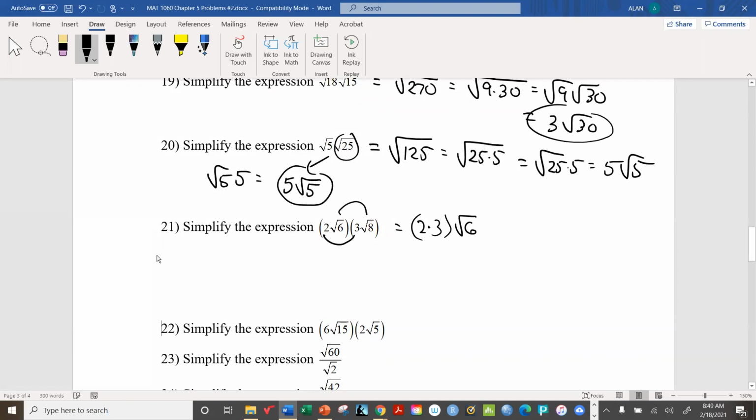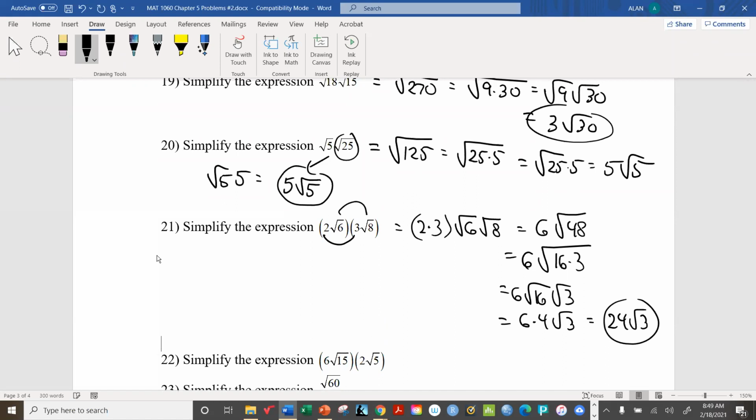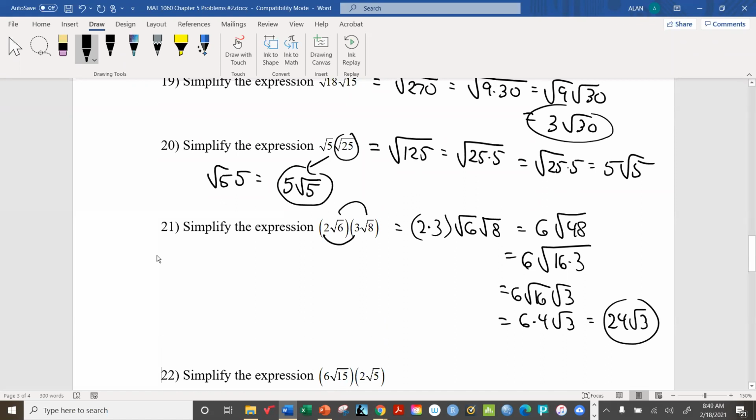So first, you're really just rearranging the order so that you can see that this becomes 6 radical 48, and then the 48 is itself 16 times 3. And so we end up with 6 times 4 radical 3, or 24 radical 3. And that's our final answer.